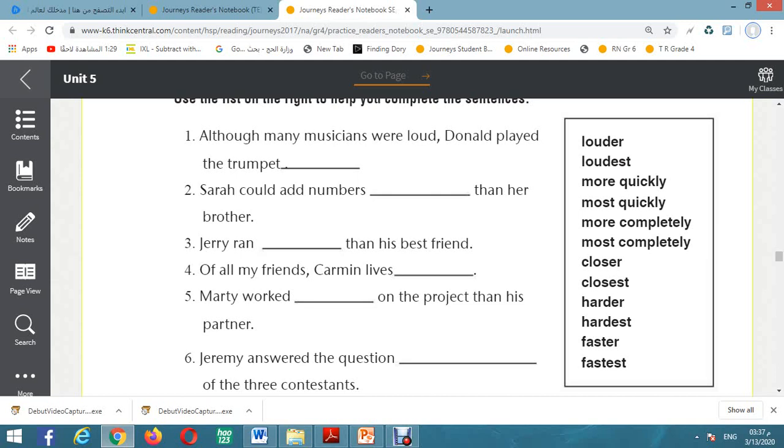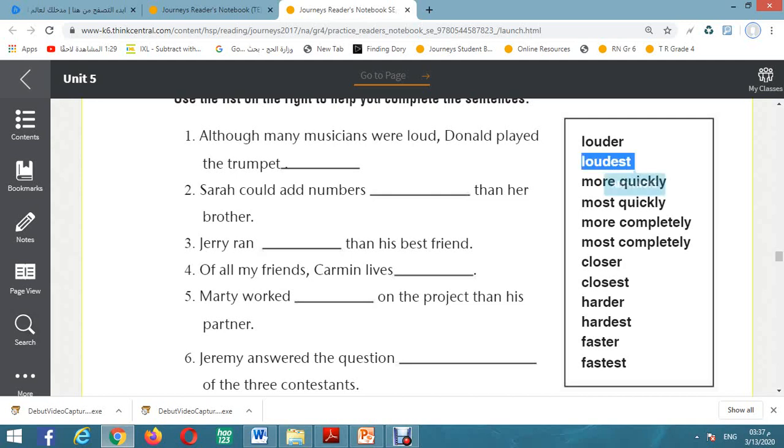Number one, although many musicians were loud, Donald played the trumpet. Here I said many musicians, so it will be superlative. So it will be loudest.